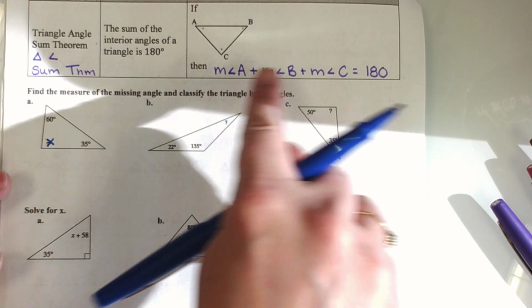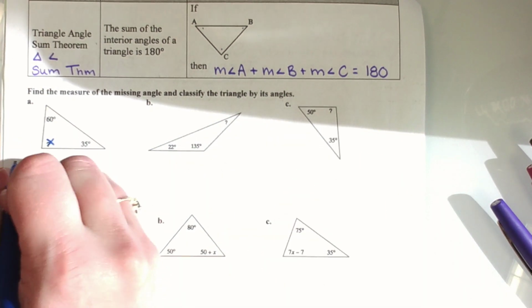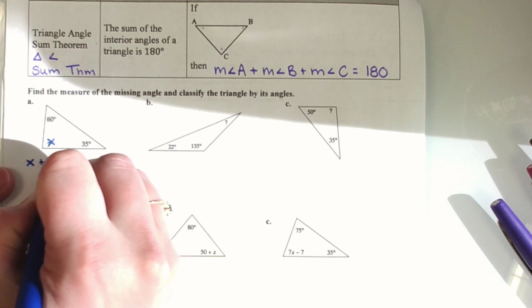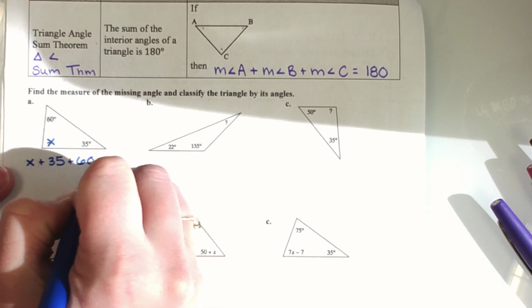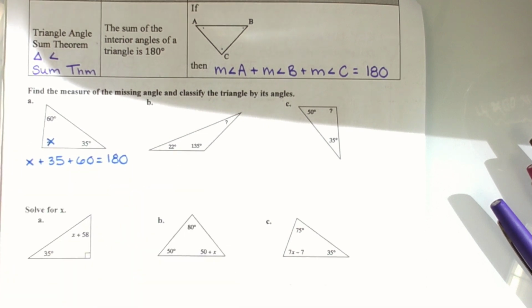Angles of a triangle have to add up to 180, which means x plus the 35 plus the 60 has to be equal to 180. Is finding x all that terrible? No, I know what to do. What do you do?